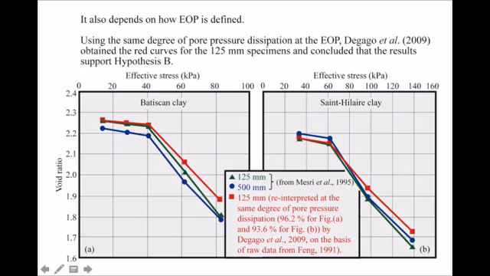At that time, they found that there is a difference between the two specimens, and that this difference is not far from 0.06. And they concluded that hypothesis B is the correct one. Hypothesis B is consistent with the strain rate model previously described.